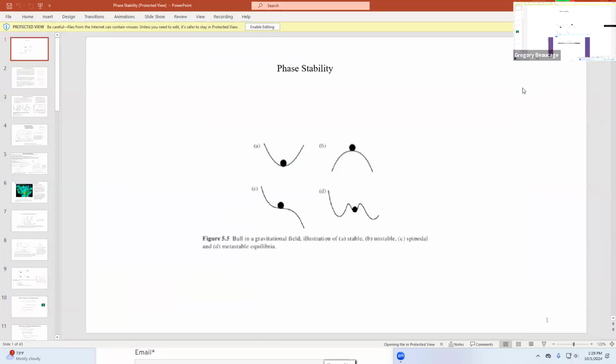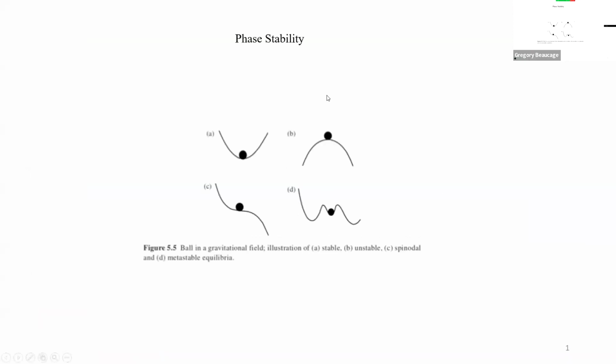So we got this phase stability thing. Anyway, this is just a picture, I think from our book. They're showing what it means about phase stability, in terms of gravity.